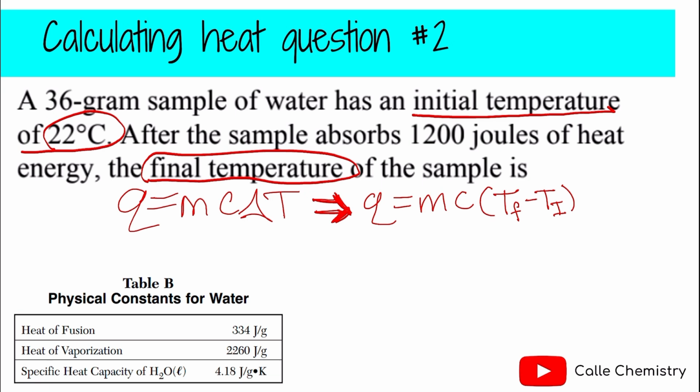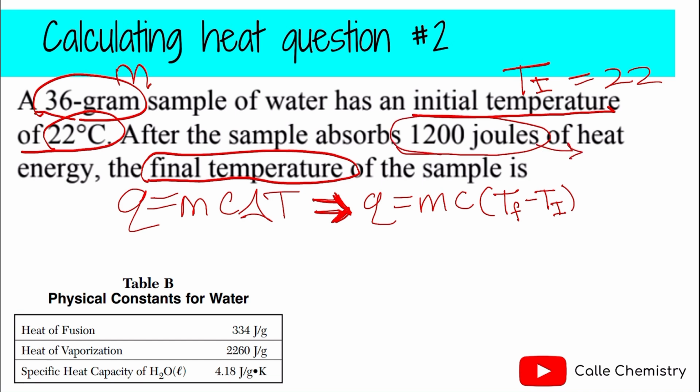Here we have that the mass is 36 grams. We know that the initial temperature, T_i, is 22. And we know that the heat, because they gave us joules, is 1,200.